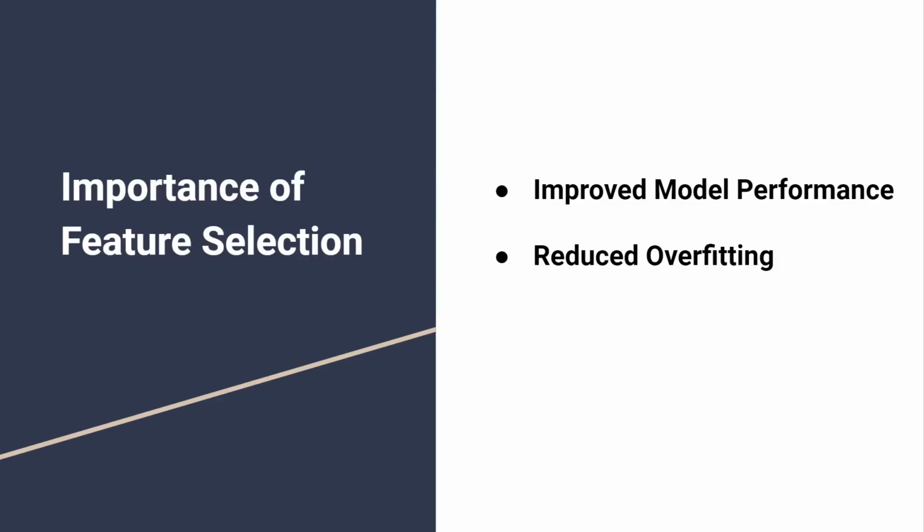So why do we need feature selection? Well, the answer is simple. Our goal is to increase the model performance and reduce overfitting. During model training, if we have irrelevant features, it might reduce the model performance.